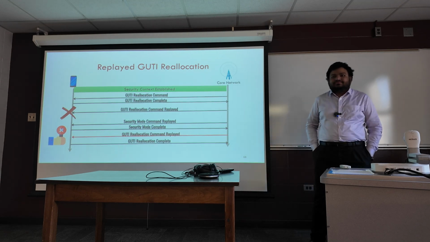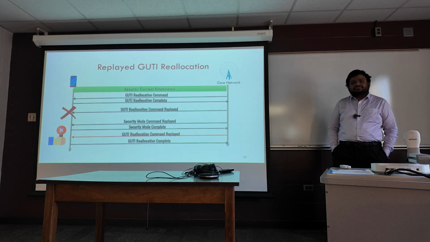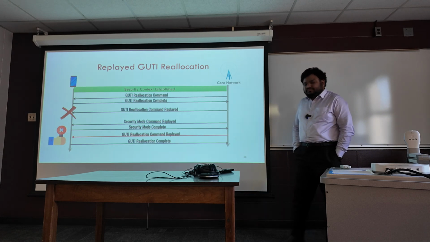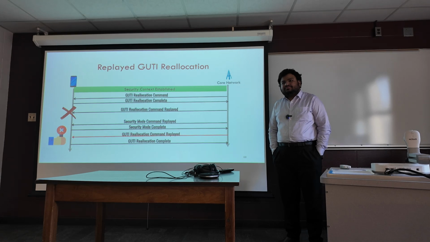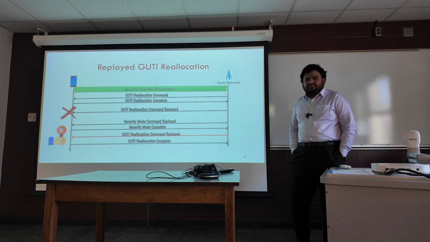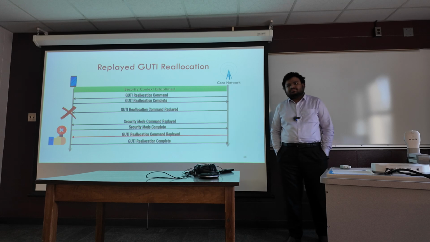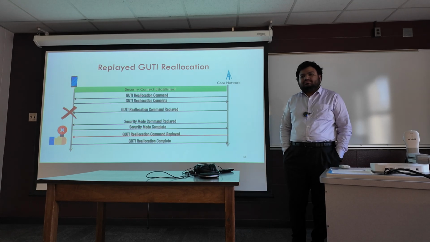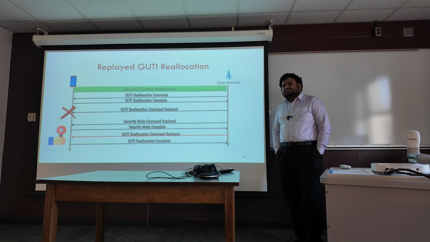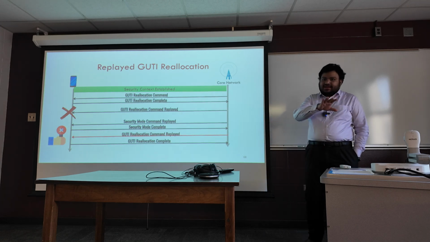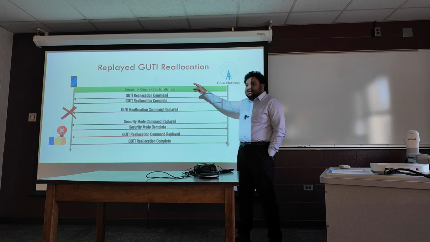What I'm trying to understand is, if the security context has already been established, how can the replay attack be involved here, since both of them are already authenticated to each other and the two entities are already trusted entities? Okay, so this can be done before or during the time the security context is established. Let's put it in a man in the middle scenario. You have a man in the middle attacker in between.